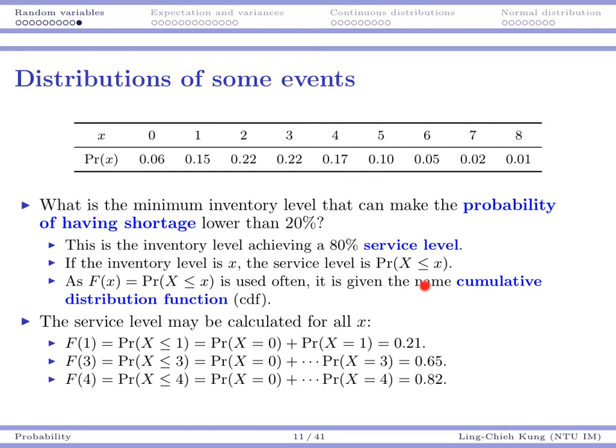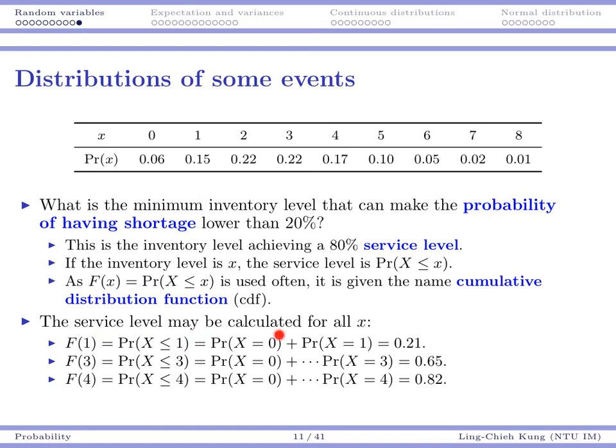This probability, for capital X to be less than or equal to a given level, because that's used so often, we typically give it a special notation, capital F of X, and we call it the cumulative distribution function. Given a level, say 5, I want to calculate the sum of all the probabilities for all values below 5, or below a given level x.